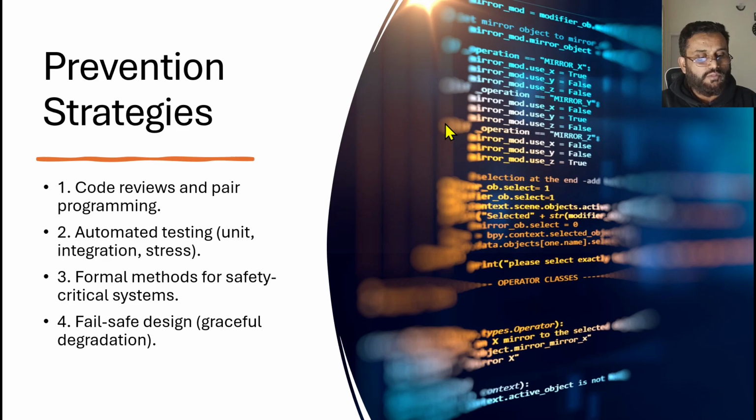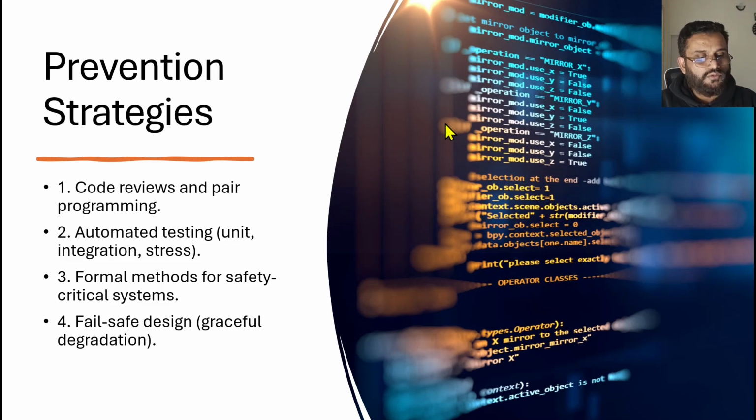We can make use of automated testing by means of tools which focus on unit and integration testing. We can use formal methods for development of safety critical systems, as some of the examples we just discussed, like Ariane or the Mars orbiter, were safety critical systems.